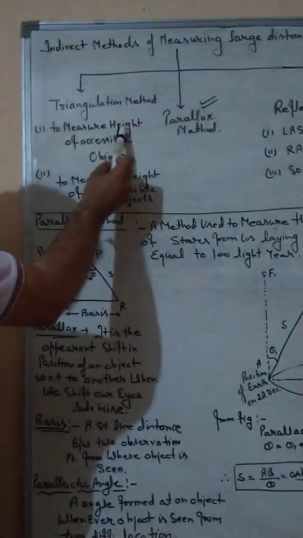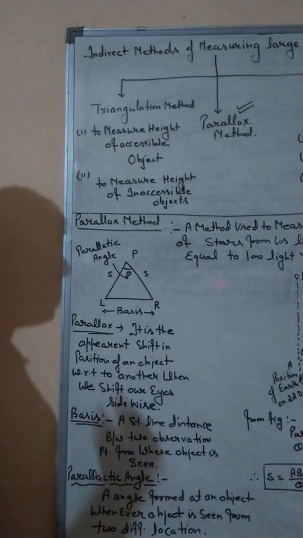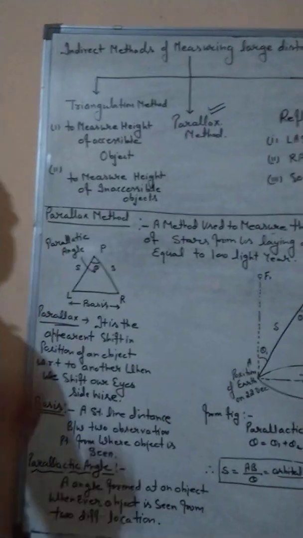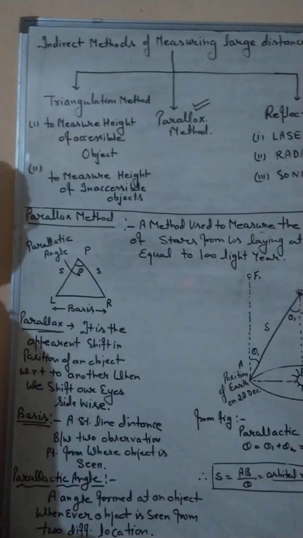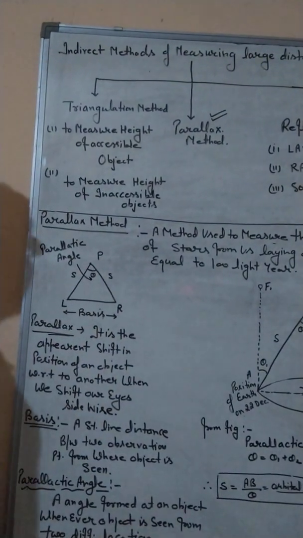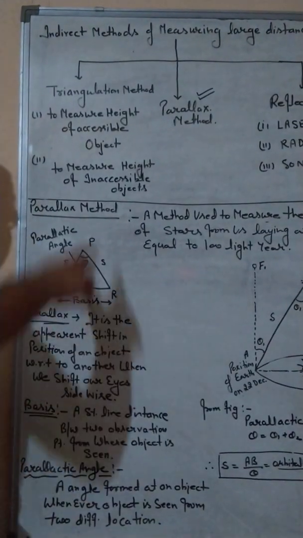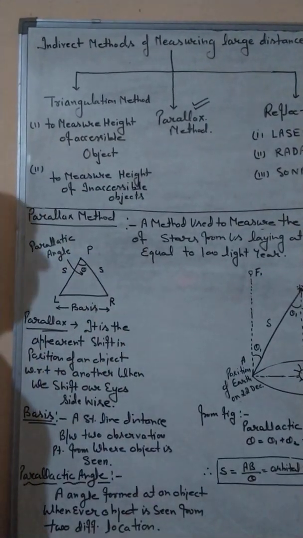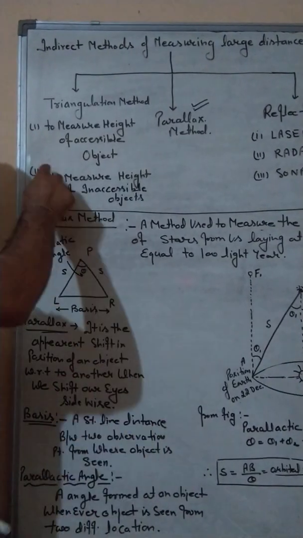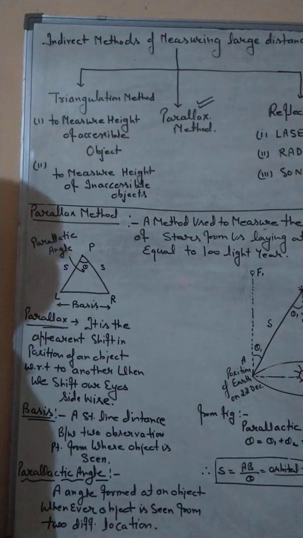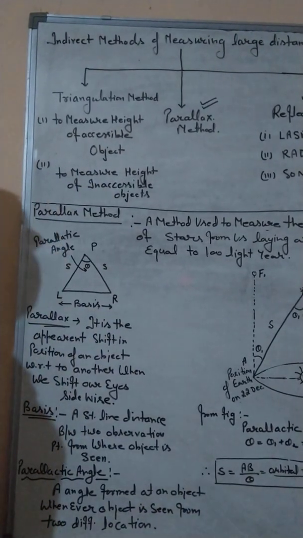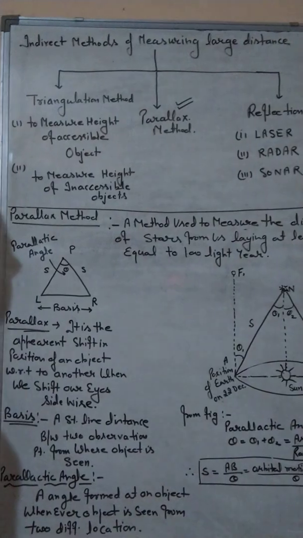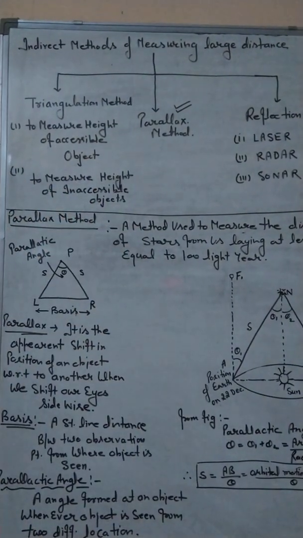The first is used to measure the height of accessible objects, meaning those objects whose height can be measured by us directly, while the second is for heights which can't be measured directly. For example, we can take an electric pole for the first, but for the second there is the example of Mount Everest or a rock or a hill, etc. Because these rocks and hills can't be measured by an ordinary person, but an electric pole's height can be easily measured by a person.